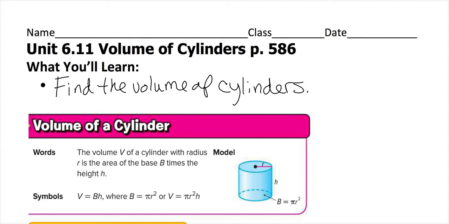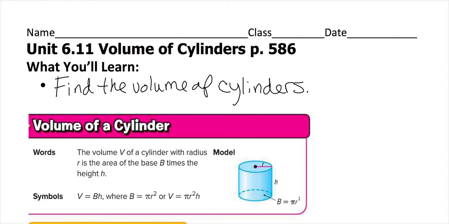Let me check mine while you're writing. It does have a pi button. You might be able to use a cell phone for this if you're out there in YouTube land. If you're in my class, you just need to use a regular calculator, because we have those. We are going to solve using the pi button, just like we always have, so we're a little more exact, and then we'll round off as needed.